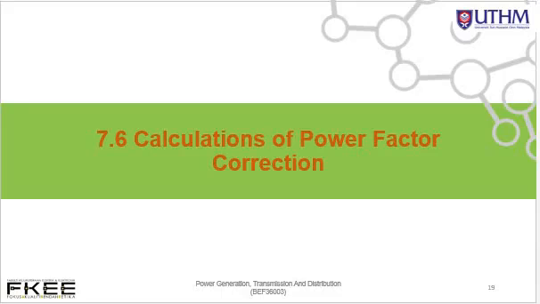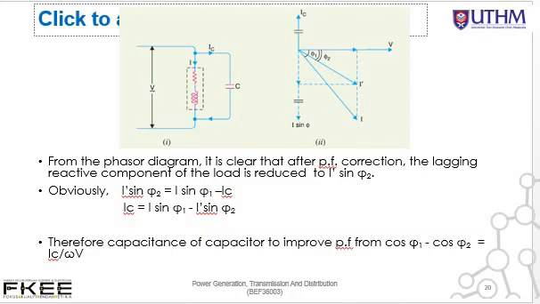Let's move on to some examples of power factor improvement calculation. Figure 1 and Figure 2 of the corresponding page show the equivalent circuit and phasor diagram of power factor correction.